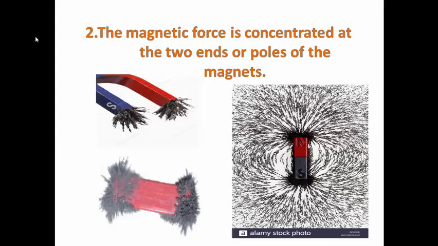The magnetic force is concentrated at the two ends or poles of the magnet. As you can see, at the edge of the magnet, there is a large amount of attraction.